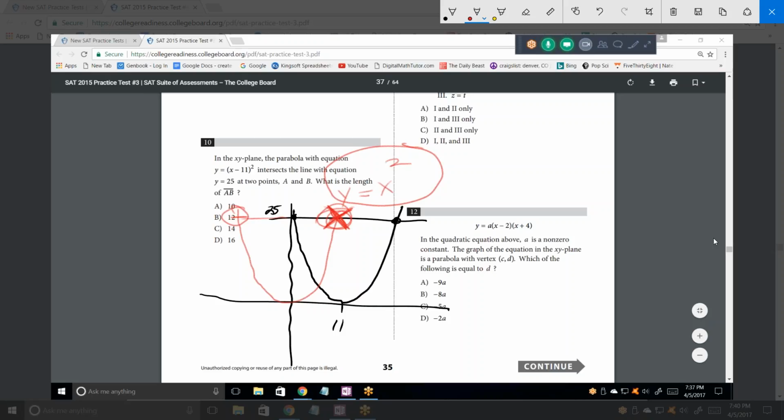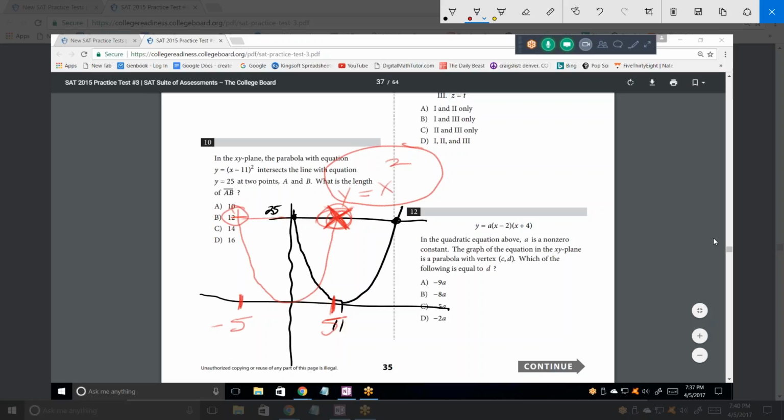X is 5, right? So this point is at 5. Well, this point over here must be minus 5 because it's symmetrical. What's the distance between those two points? Distance is 10.